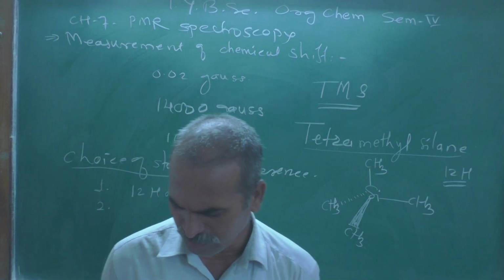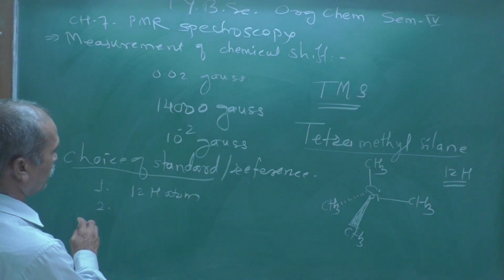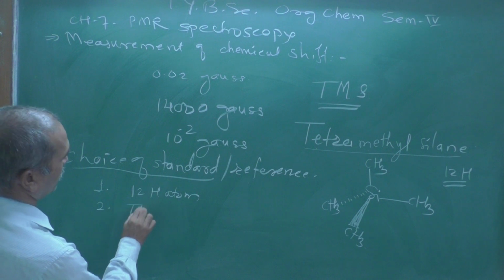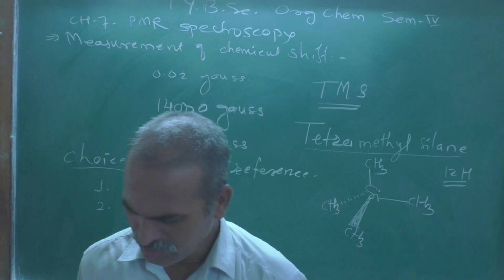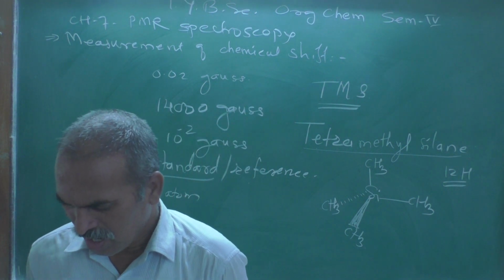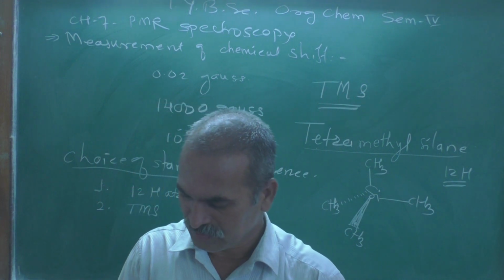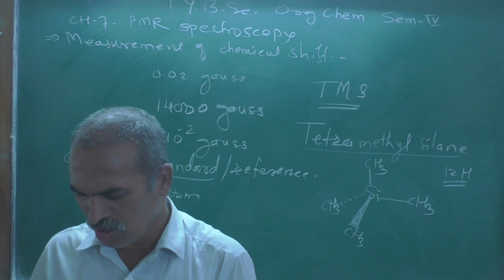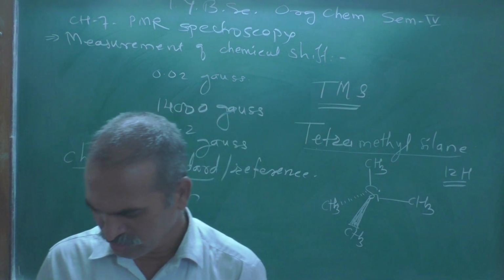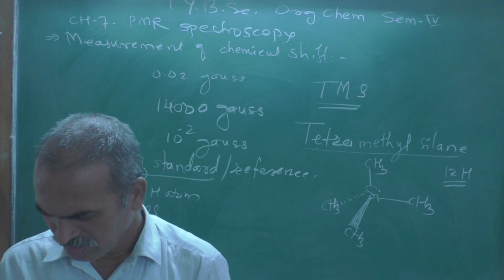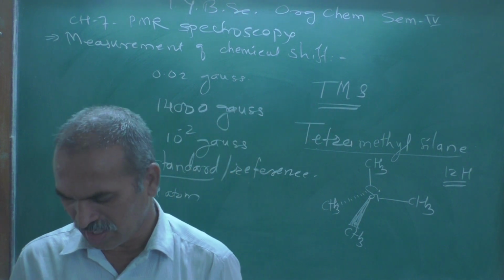Number 2, the peak due to TMS, tetramethylsilane, is at the highest magnetic field. Almost all known organic protons absorb at a field less than that of tetramethylsilane.